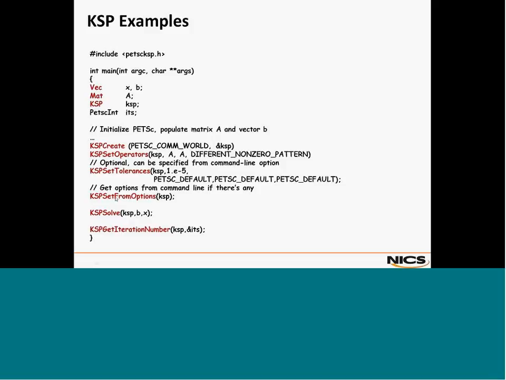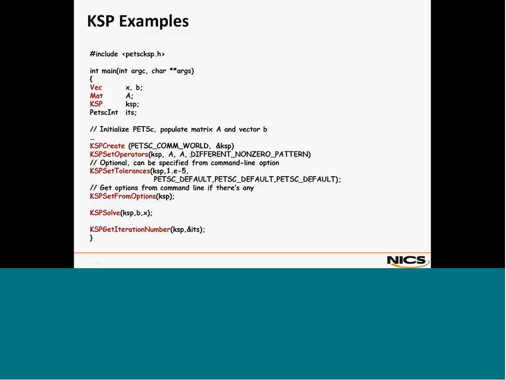KSPSetFromOptions lets you read from the command line if you want to change the method. And then we call KSPSolve. We give it the right-hand side and the solution vector, and this will give you back the result of your computation.